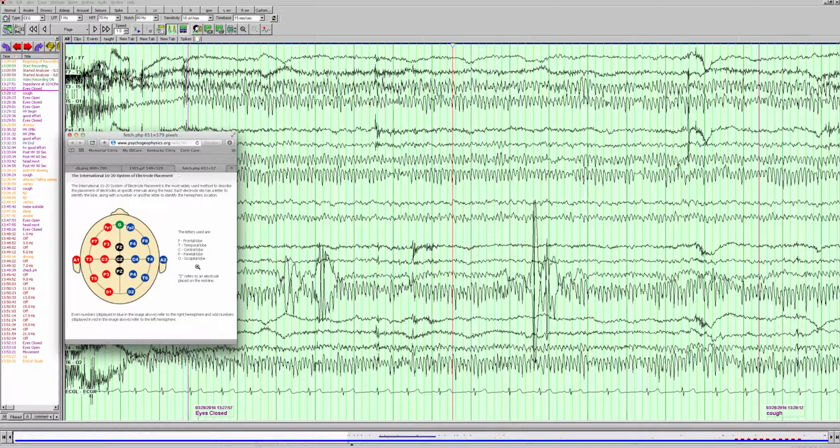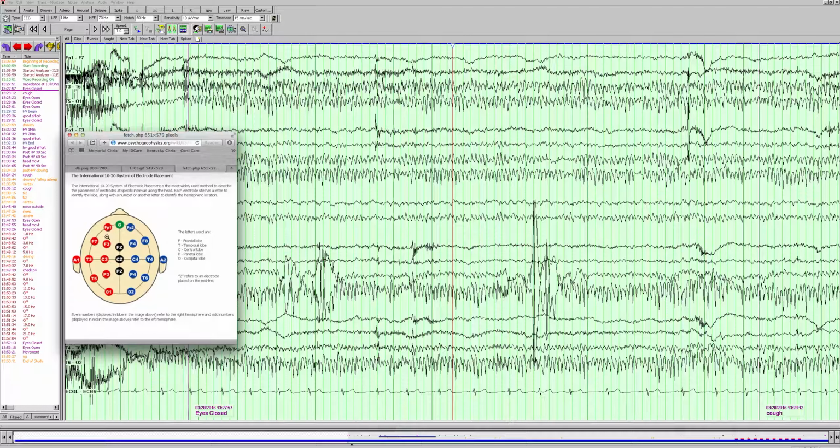Before that, let's just go ahead and review what the electrode names are. Now, all of the electrodes in the 10-20 system, and that's the International System of Electrode Placement, they're named with both a letter and a number. And the letter tells us where anatomically on the head the electrode is placed.